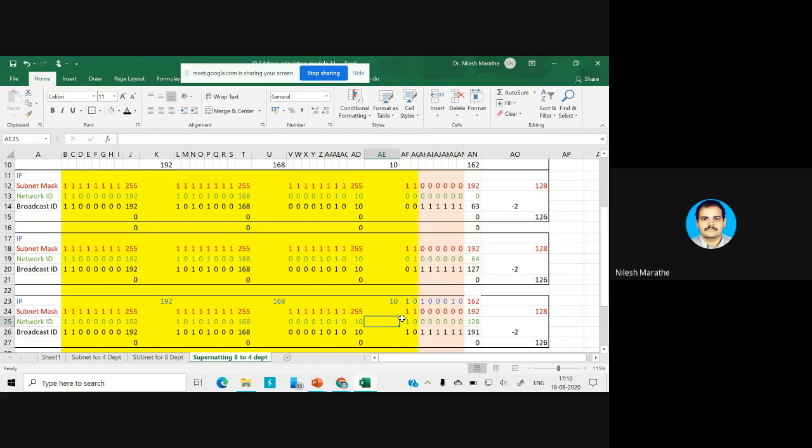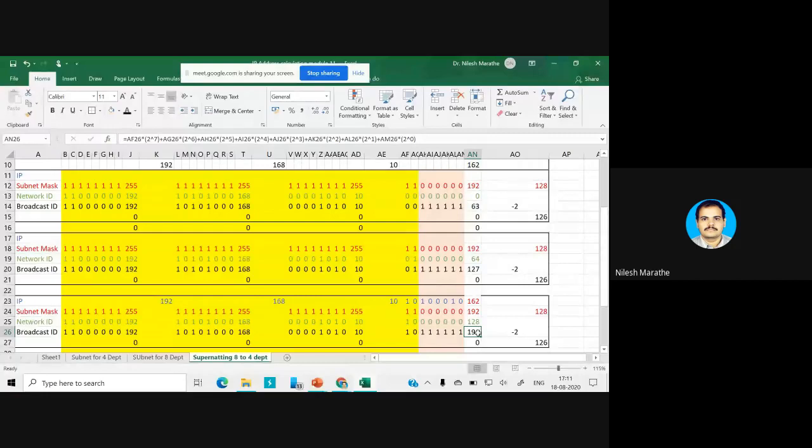After giving the subnet mask, see what you have to do here now. You have to perform an ANDing operation. Keep these bits as they are and make all other bits 0. So that will turn into 128. So the block where this IP belongs starts at 192.168.10.128 and ends at 192.168.10.191. So the block is from 128 to 191.